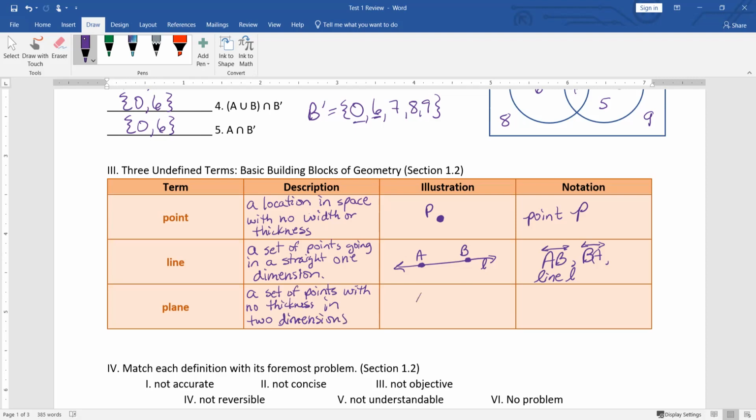We notate that as a parallelogram, and I'm going to place 3 non-collinear points, label those A, B, and C. And we can also put a little lowercase p in there. A plane can have its own letter, and in this case, it's a lowercase p. And so that denotes that we have a plane. And we can either call it plane ABC, or plane P.